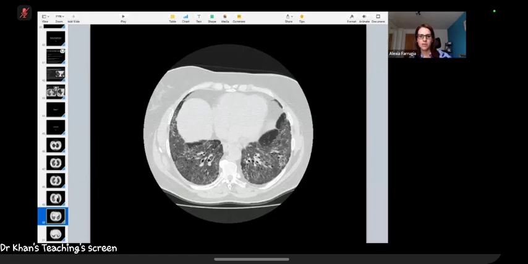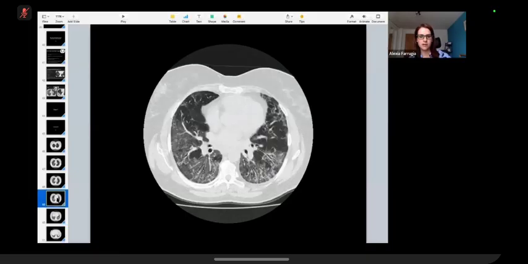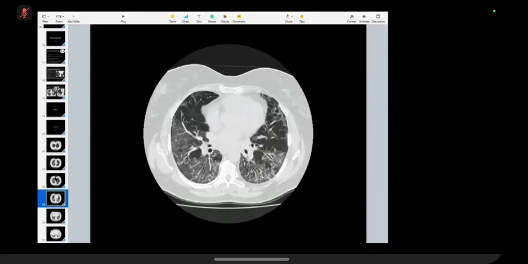What do you feel is the predominant pattern when you look at these lungs? I think the predominantly ground glass opacification would be. That's correct.